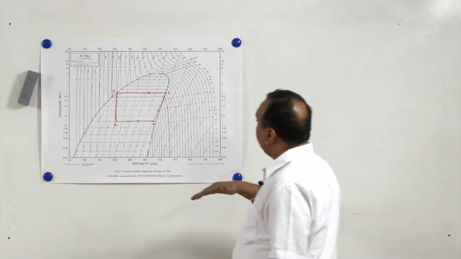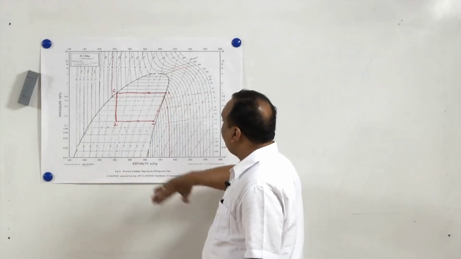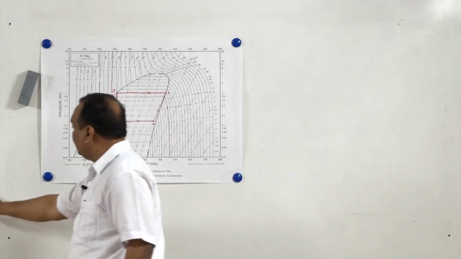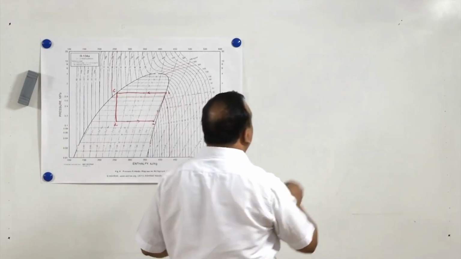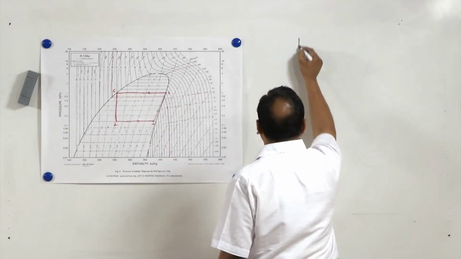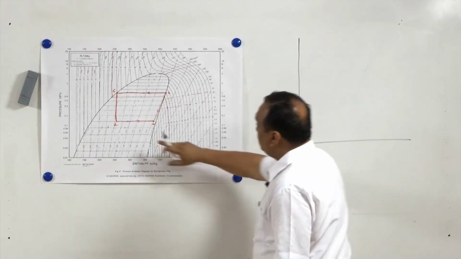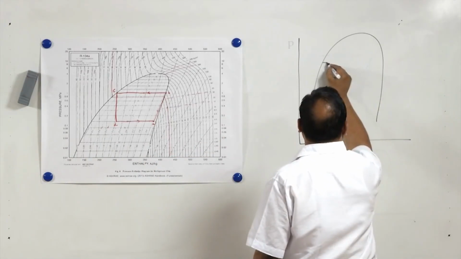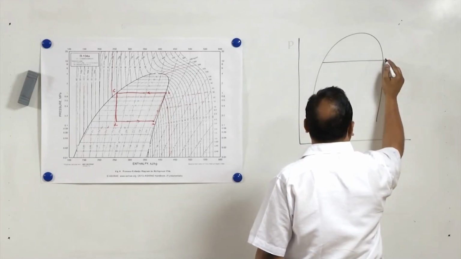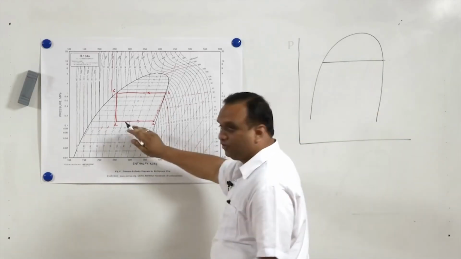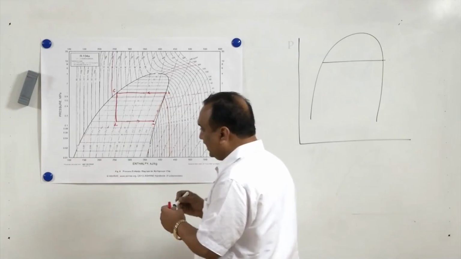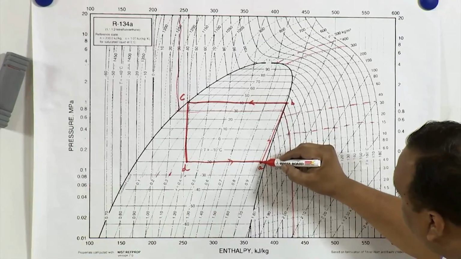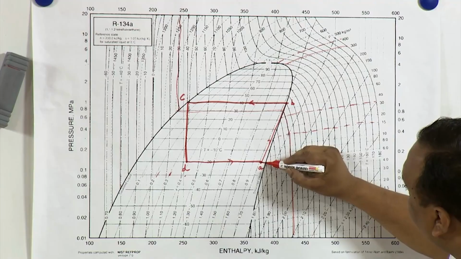Now, here in this case if I reduce the temperature, if I reduce the evaporator pressure to -30 degree centigrade, it means... now before doing that I would like to take a cycle which has saturated vapor at the suction of the compressor.